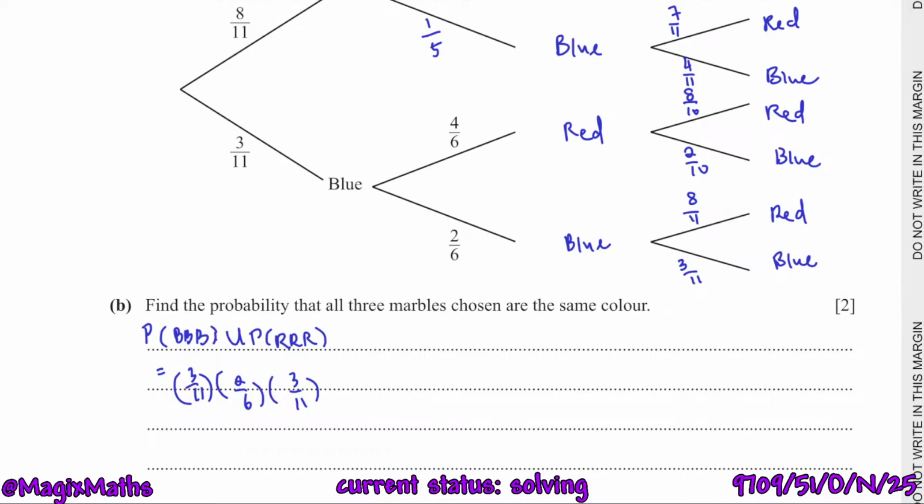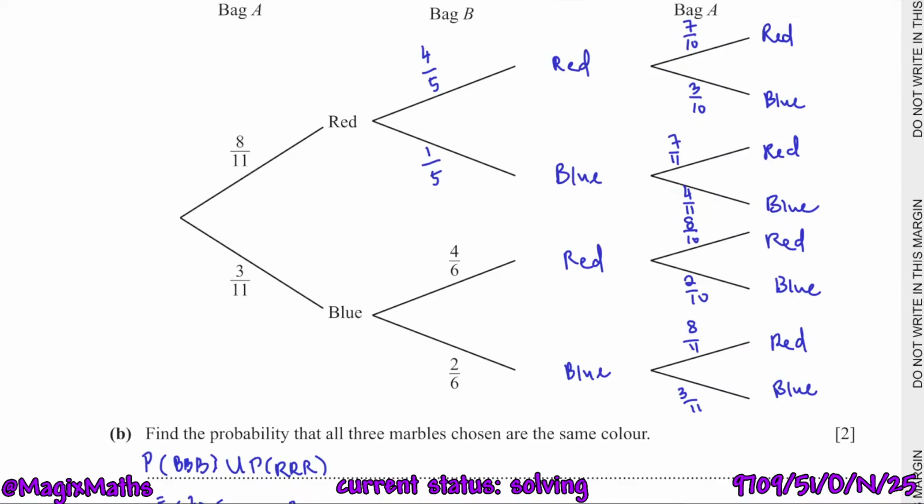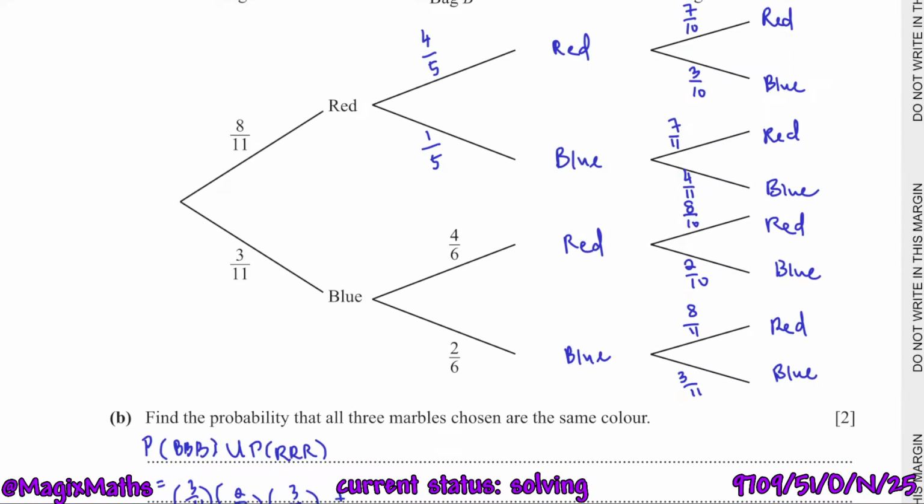So if it's a union, then it should be a plus. I mean, it's plus minus the intersection, except we don't have any intersection. These events don't ever happen together.